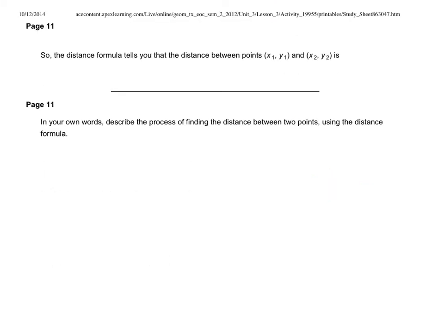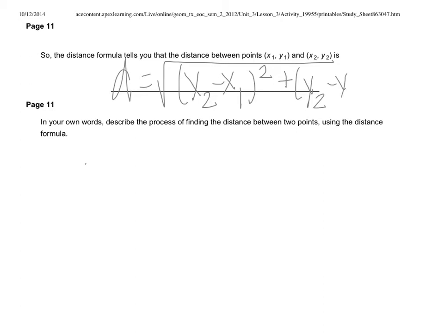The distance formula, which is what we're going to be working with today, is equal to the square root of, in parentheses, x2 minus x1 squared plus y2 minus y1 squared. And that's our actual formula that we're going to be utilizing.